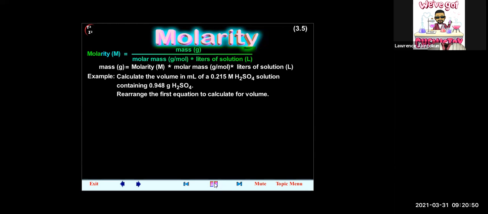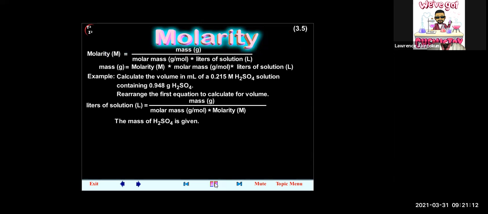Rearrange the first equation to calculate for volume. Liters of solution, L, is equal to mass in grams divided by molar mass in grams per mole times molarity, M. The mass of H2SO4 is given.